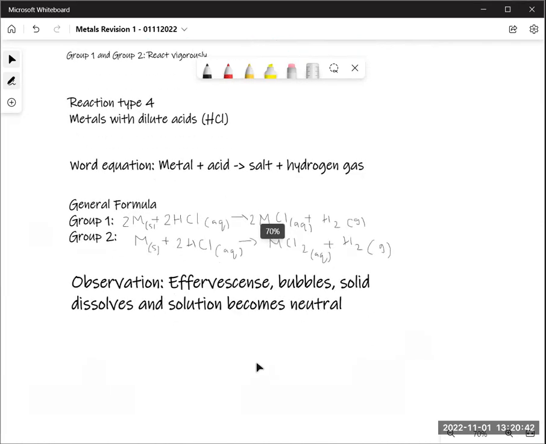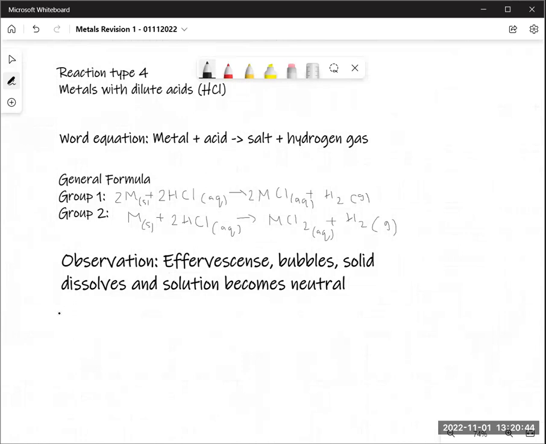Now we look at a few examples separately for transition metals, with iron and Zn. This is iron 2.